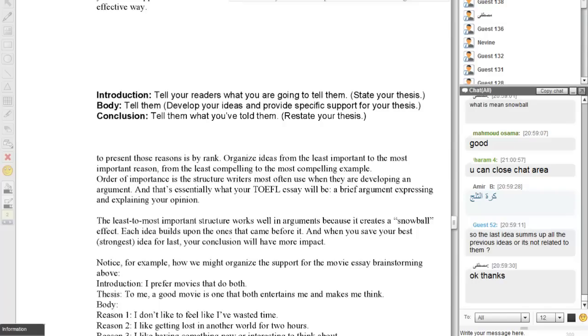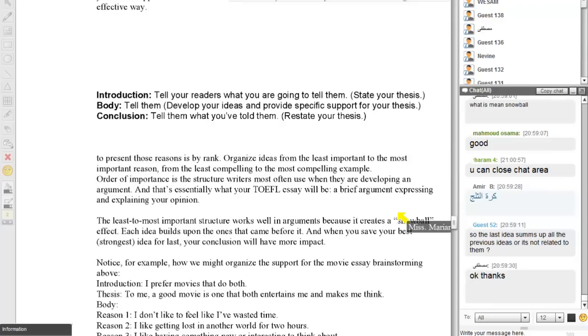If your essay will be an argument, you have to use this technique: state the least important idea first, and then mention the more important idea, and then the much more important one, and then the most important big idea, which will get the agreement of all your readers.